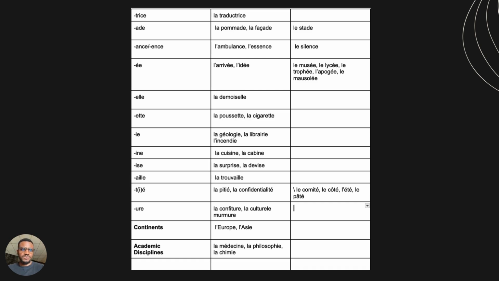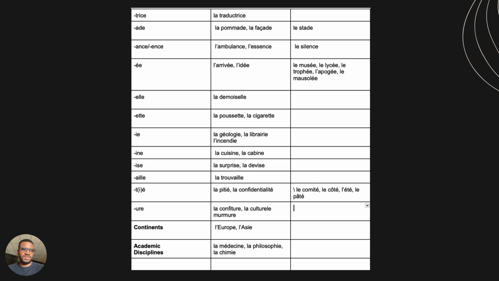Then you have E with an accent, E accent aigu, and then E. L'arrivée, the arrival, l'idée, the idea, those are feminine. You're looking at the exceptions now. We have le musée, the museum, le lycée, the high school, le trophée, the trophy, l'apogée, la mausolée. Then you go to L, la demoiselle, the miss, probably.